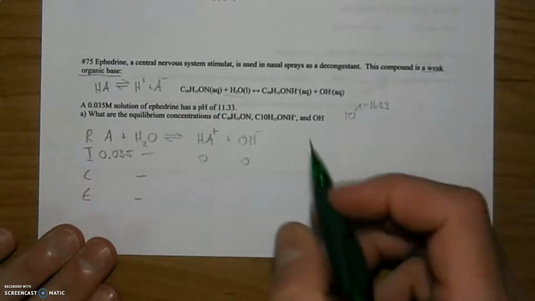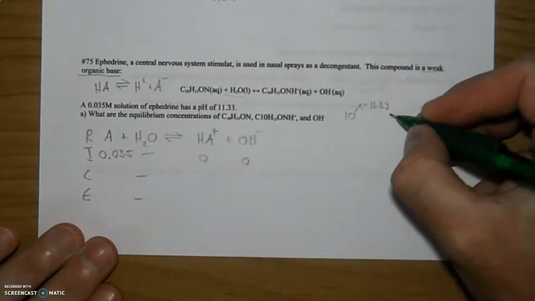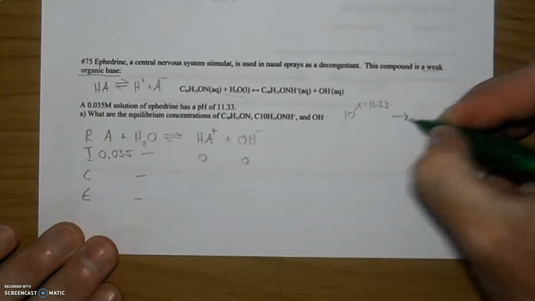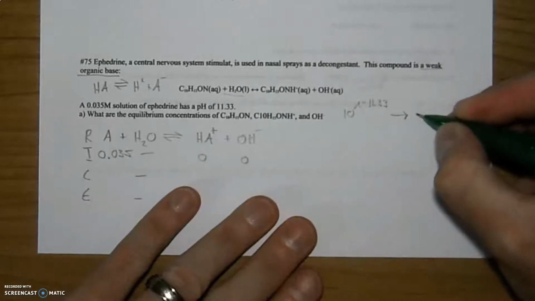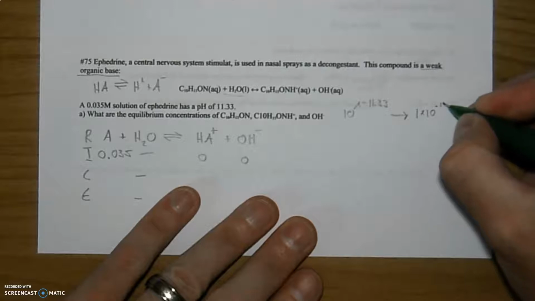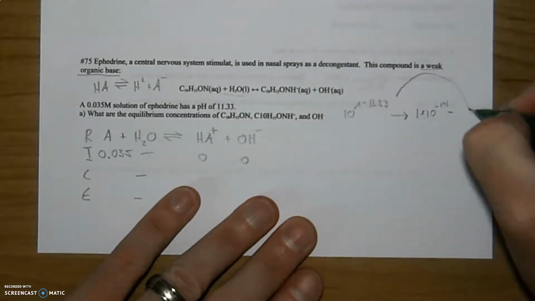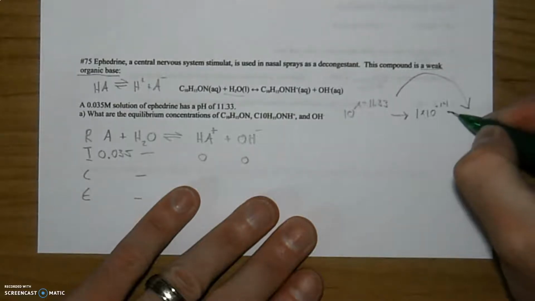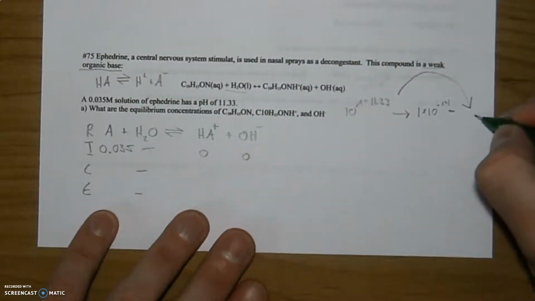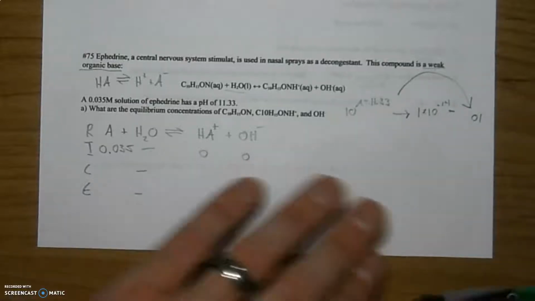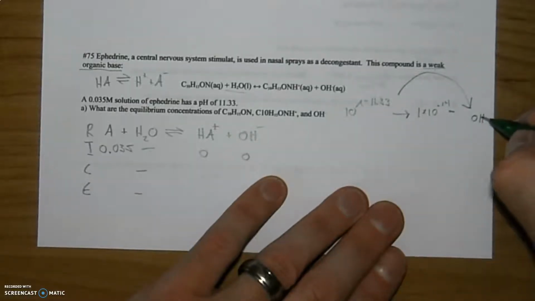Once I have the hydrogen ion concentration, I'm going to take that one step further and subtract it from 1 times 10 to the negative 14. If I subtract off that value, that's going to give me the OH concentration.